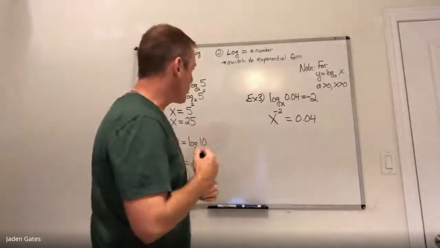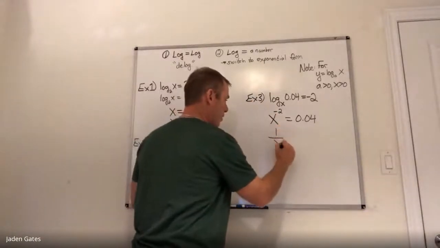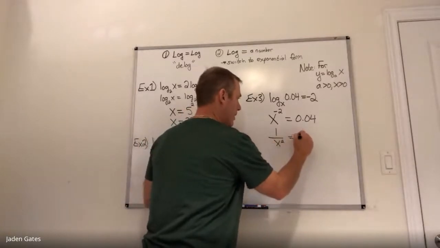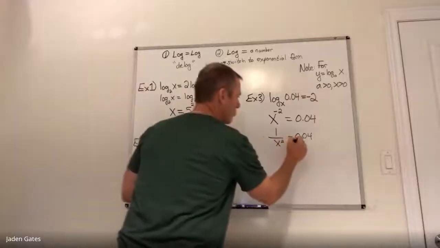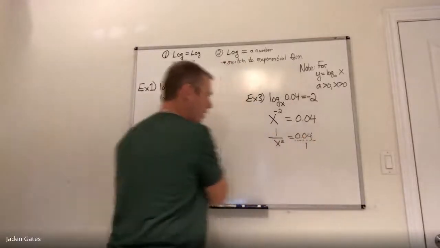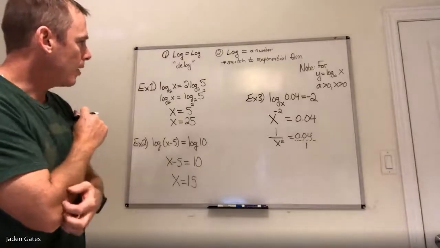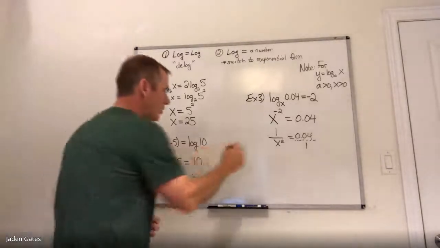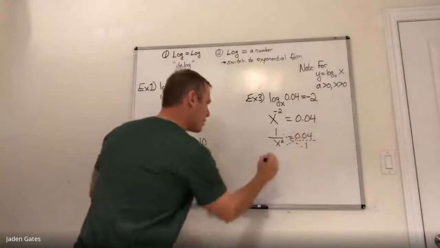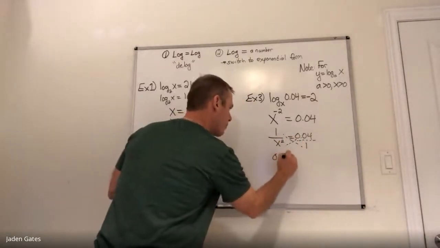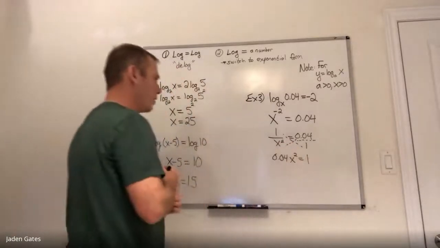Now I just go ahead and solve. So x to the negative 2, I could rewrite as 1 over x squared equals 0.04. When I have a fraction there, I like to make a fraction equaling a fraction by putting that 0.04 over 1, so that I can get rid of the fractions by cross multiplying. And so I have 0.04 times x squared equals 1.